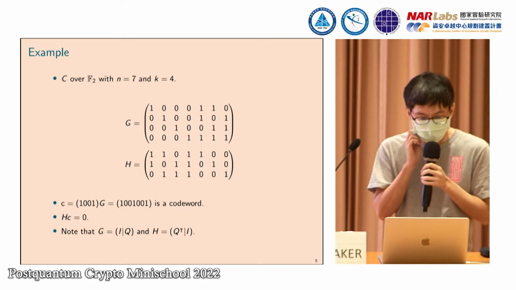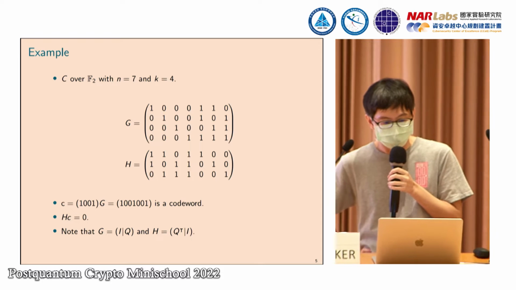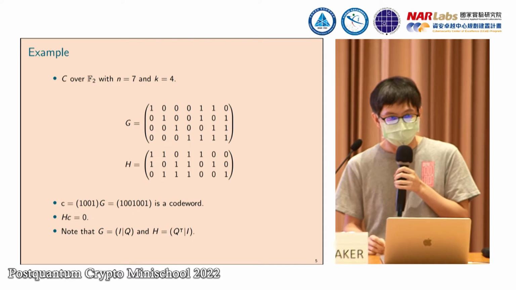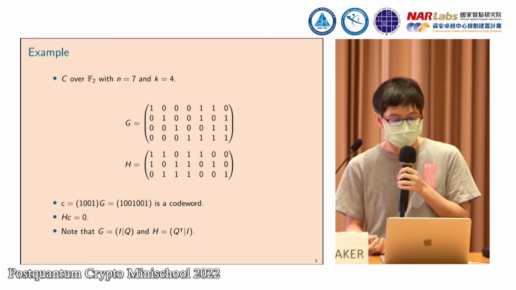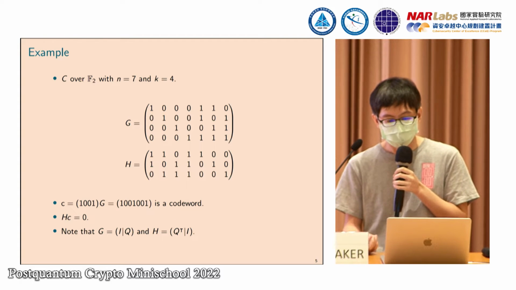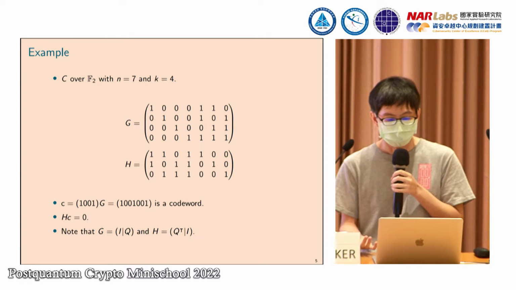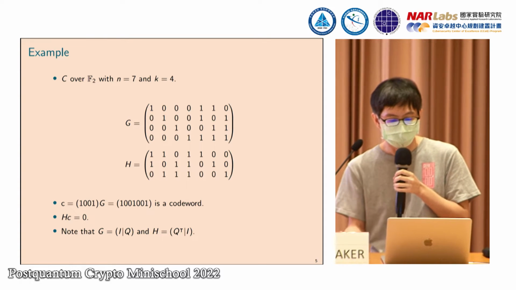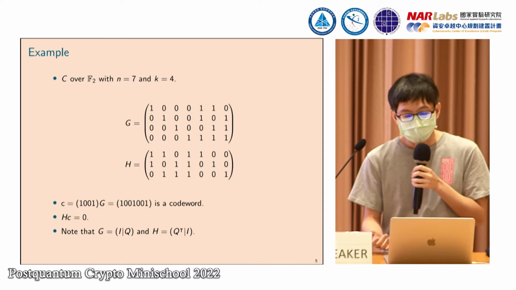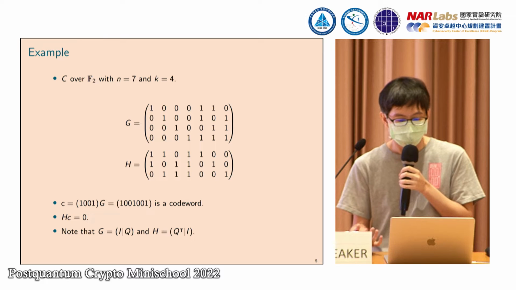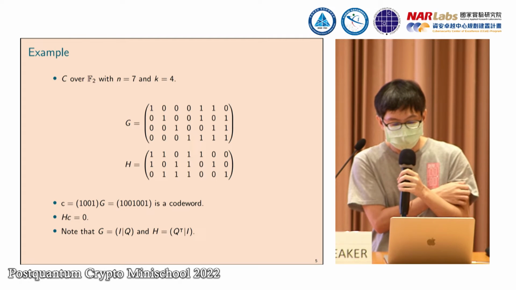Here's a very trivial example. You can consider the following code over F_2, of length 7 and dimension 4. This generator matrix has dimension 4 times 7. You can very easily create the corresponding parity check matrix using linear algebra.